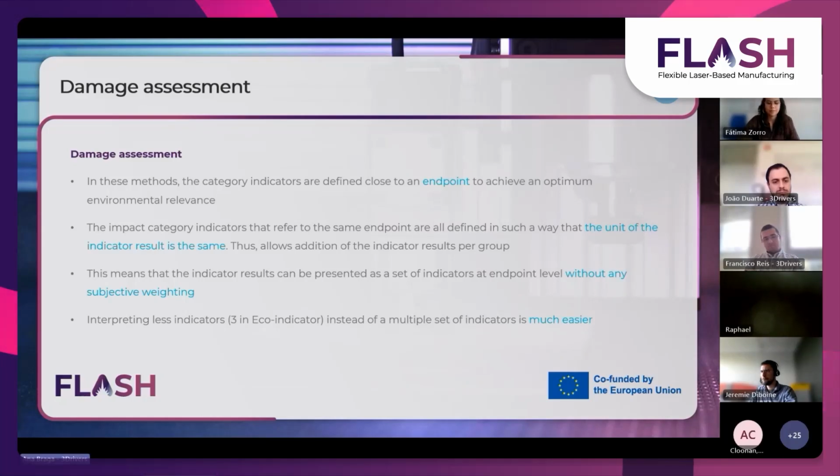This also means that the indicator results can be presented as a set of indicators at endpoint level without any subjective weighting. So we just have to analyze 3 eco-indicators instead of a multiple set of indicators, which can facilitate the interpretation of the final results and the reports to be presented.